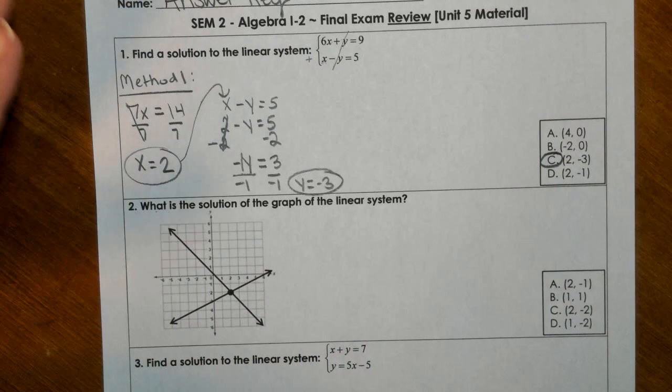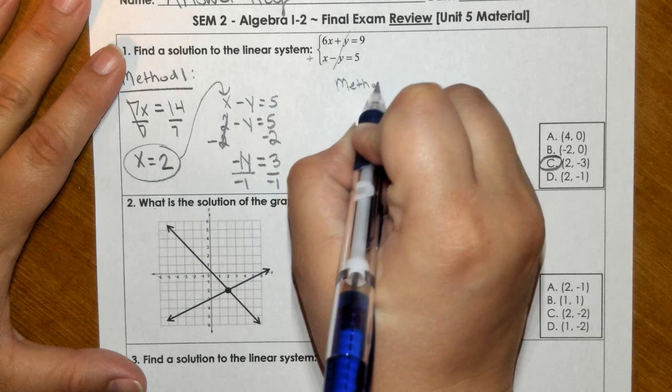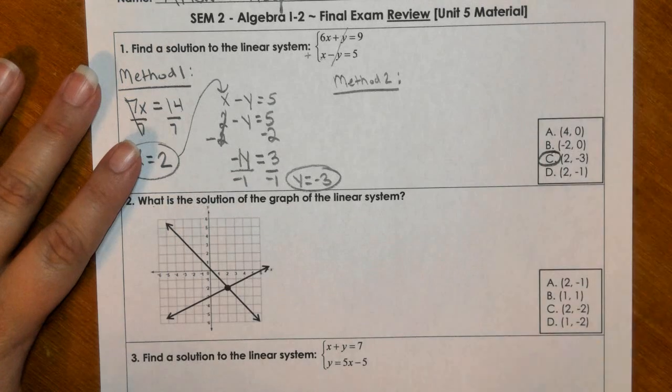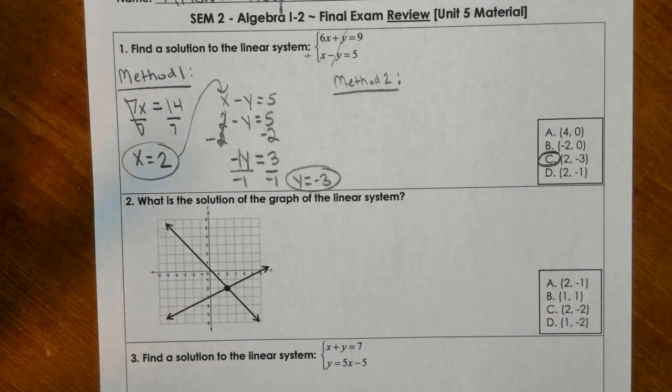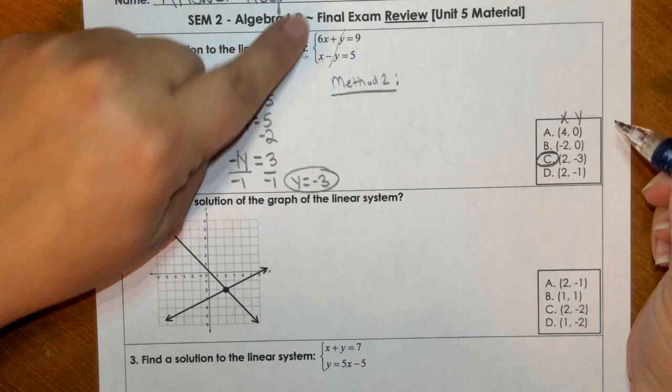If you have forgotten this method, you're having a hard time with it, you're struggling, whatever, the other method, which is a longer method, but it will work, is that you could plug in the points into the problem.